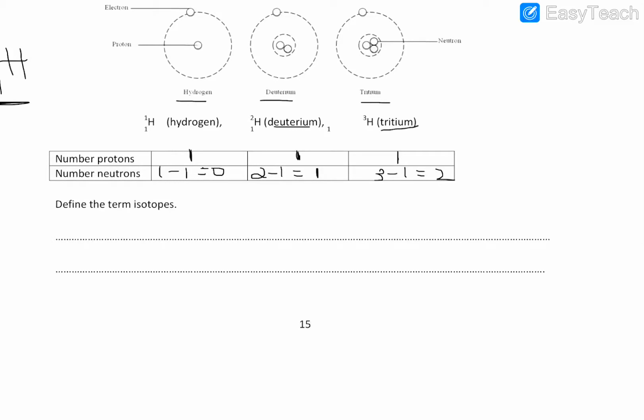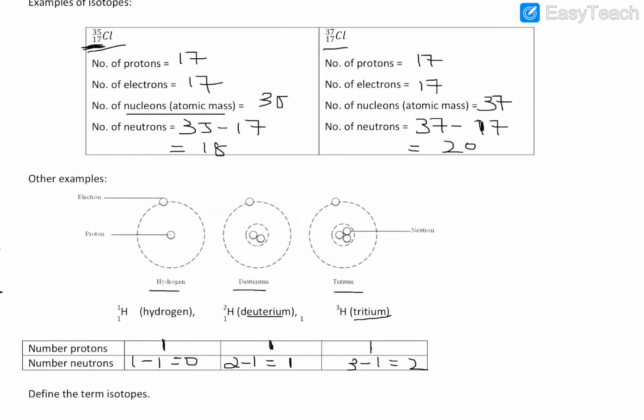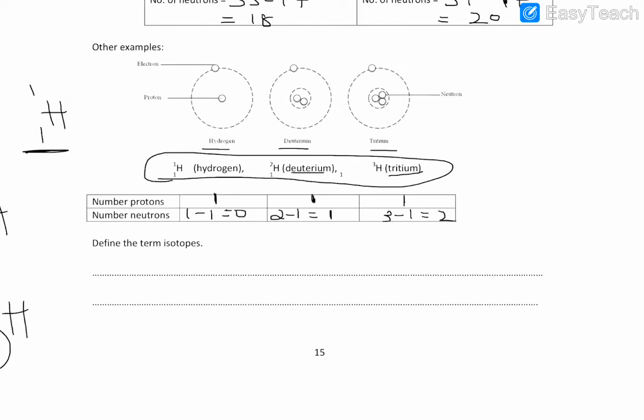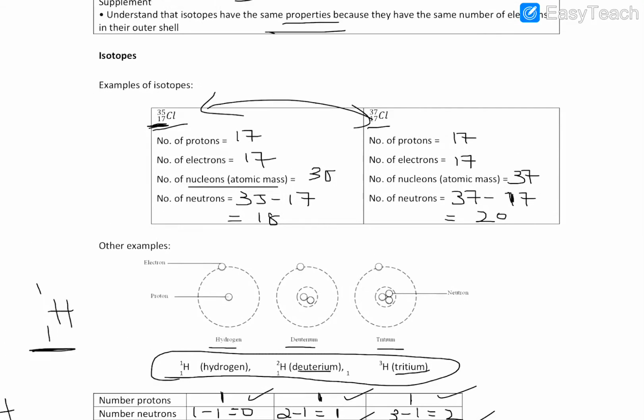So if you look at isotopes now, these two are isotopes of each other, and all these hydrogens are isotopes. So what properties do they have? They have the same number of protons, but different number of neutrons.